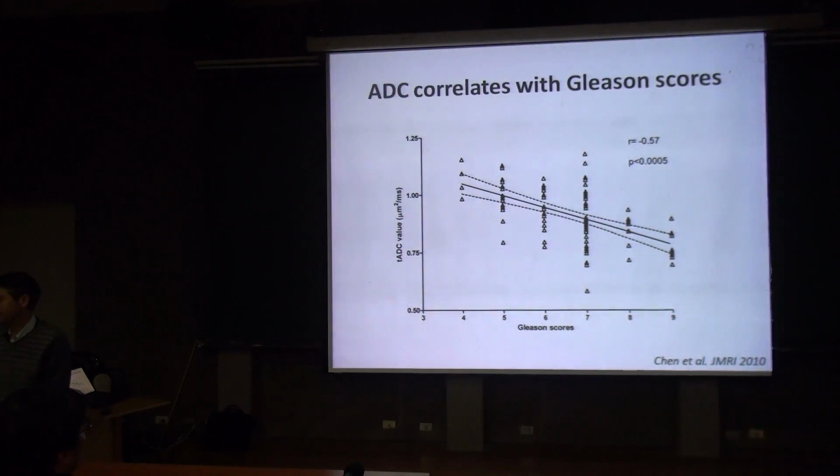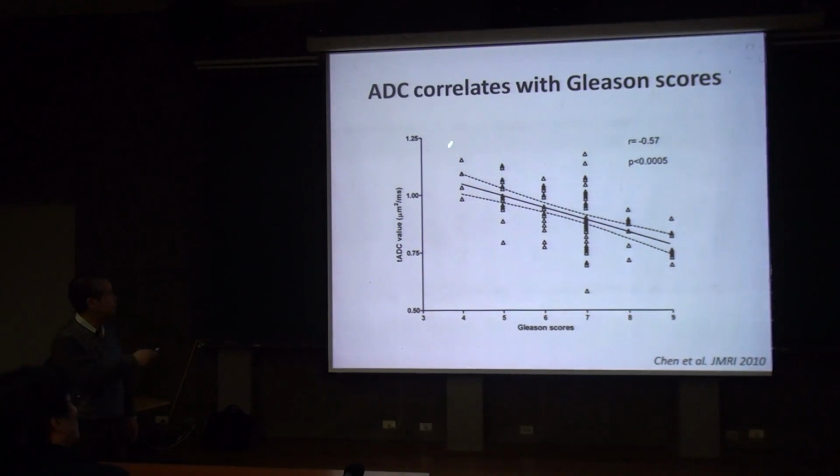That means you have poor prognosis, because Gleason score can predict your outcome later after the treatment. So if you have higher Gleason score, that means your prognosis is bad. So actually we can predict the prognosis because the ADC shows a very high correlation with the Gleason score.